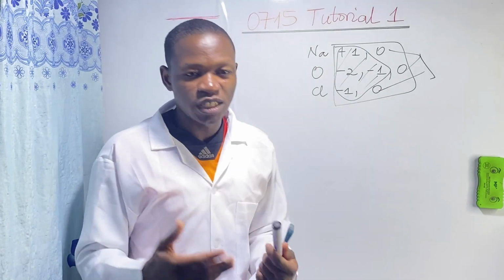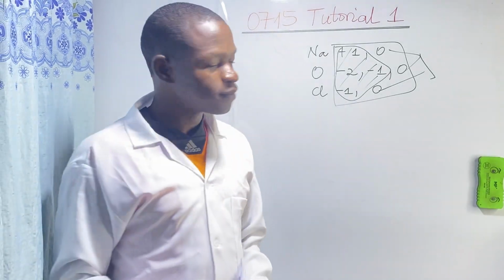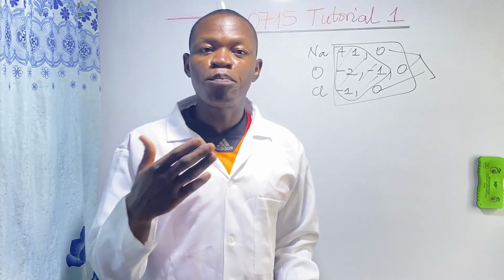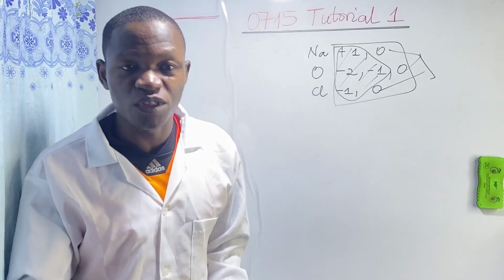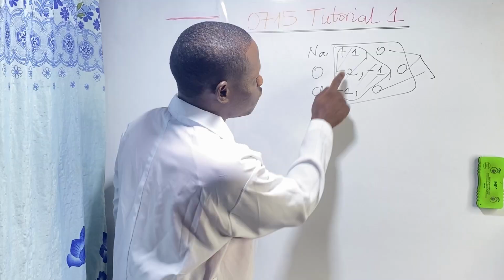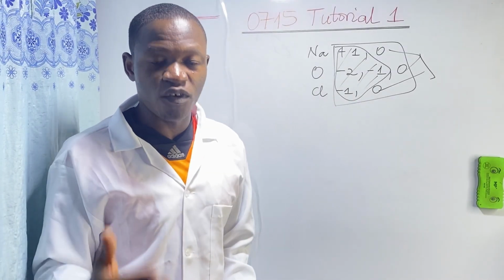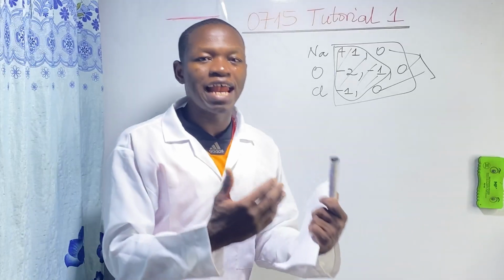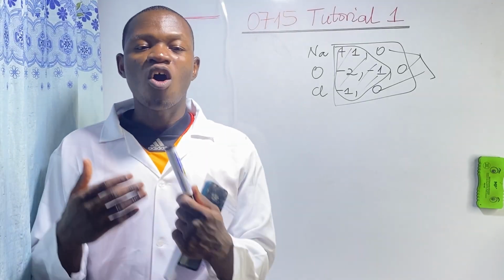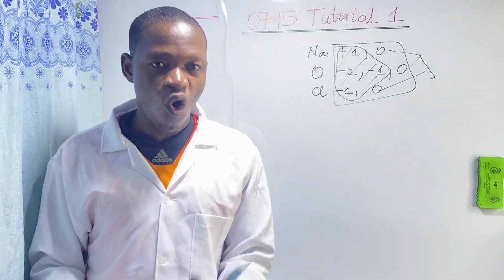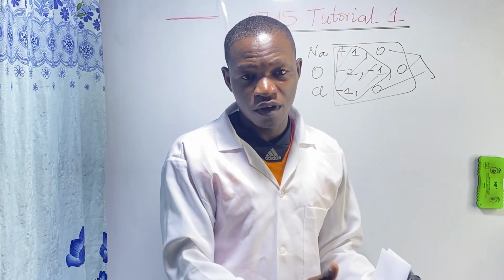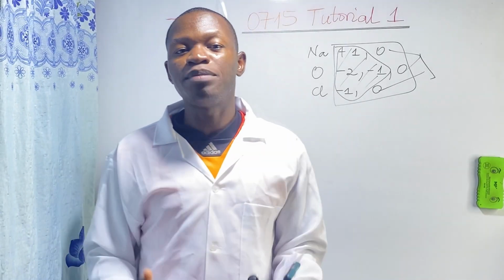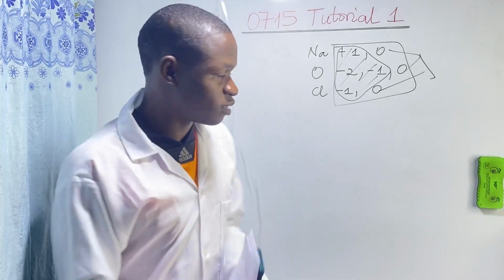So what then is oxidation number? Oxidation number is defined as a positive or a negative number assigned to an element in the uncombined state, or in a compound, or in an ion by the application of certain rules.